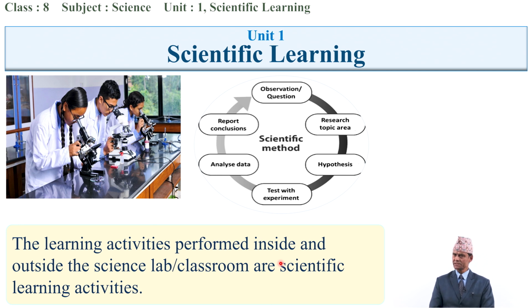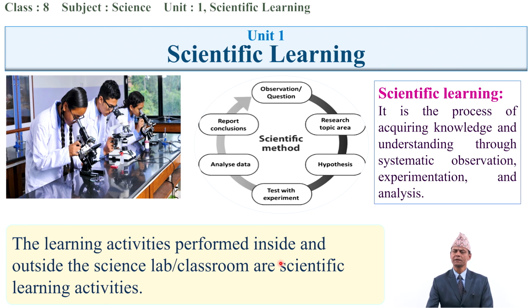So scientific study is not concentrated within the classroom. It is not limited to the classroom. It is not limited to the science laboratory. It is also explored everywhere. Wherever you are, on the way, in the garden, in school, at home, or in the community.